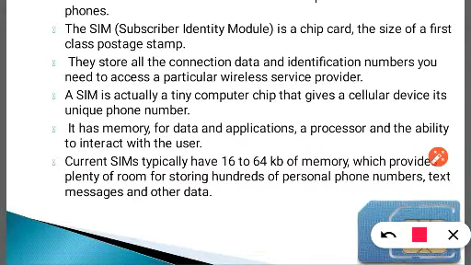I'll just underline the points: it has memory, it can store data and applications, it has a processor, and it has the ability to interact with the users. Currently, SIM cards can have 16 to 64 KB of memory, which provides plenty of area to store 100s of numbers. I hope this SIM card is clear to all of you.